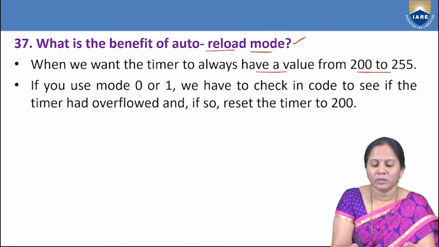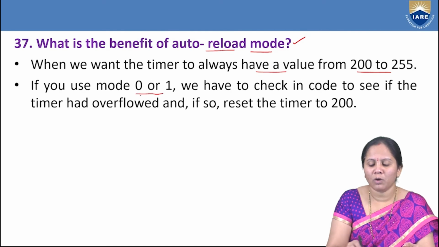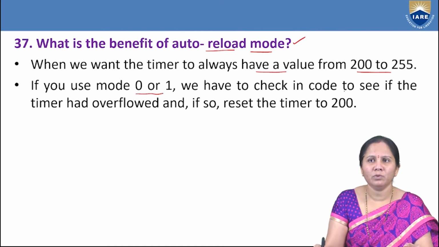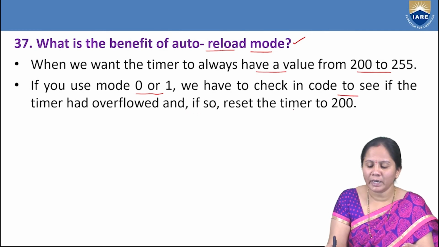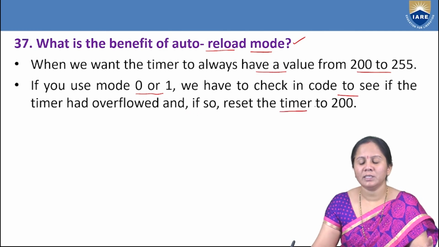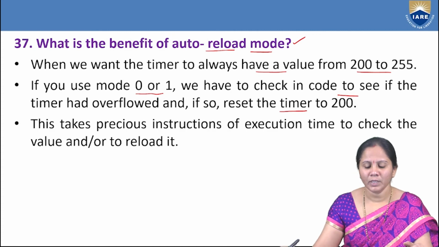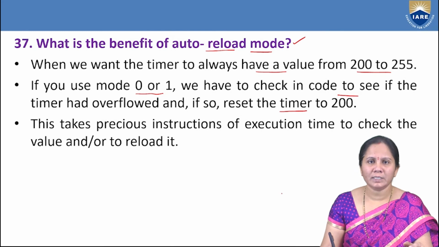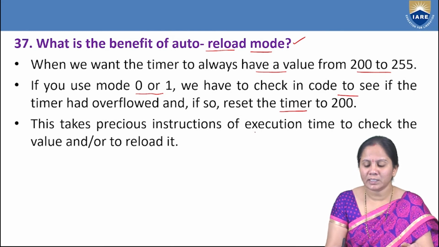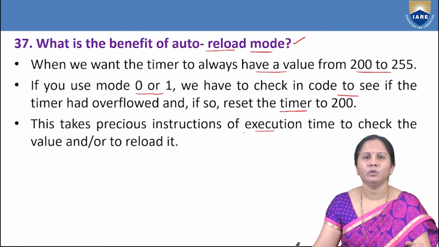If we use mode 0 or mode 1, we have to check in the code whether the timer has overflowed, and if so, reset the timer to 200. Because of this, it takes instruction execution time to check the values, and every time we have to reload it.